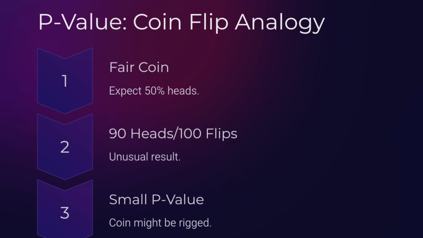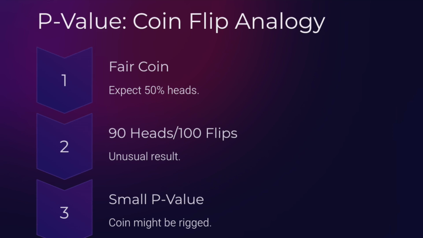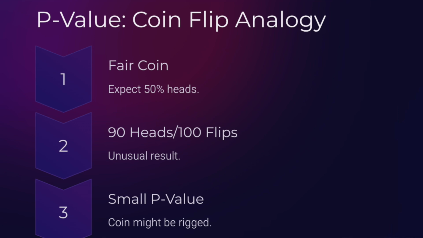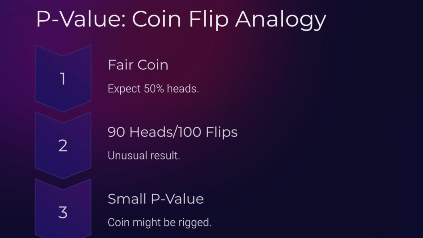Now I conduct this experiment on 100 flips, and the null hypothesis in that case is that 50% of the time you observe heads. What happens is you flip a coin 100 times and you observe that 90 out of the 100 times you got heads, which is an occurrence rate of 90%, which deviates a lot from your expected mean.